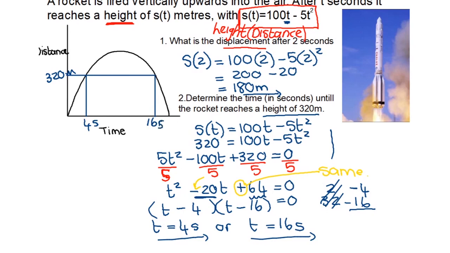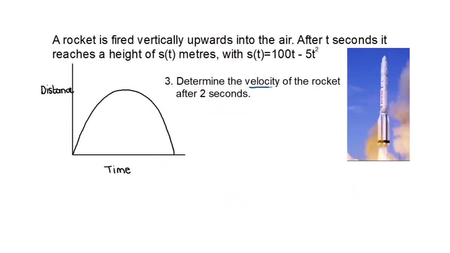The question asked is, determine the velocity of the rocket after 2 seconds. Do you remember what we said in the summary? If I have a distance formula, the velocity will be the derivative of that distance formula. In other words, I have to differentiate the distance formula.